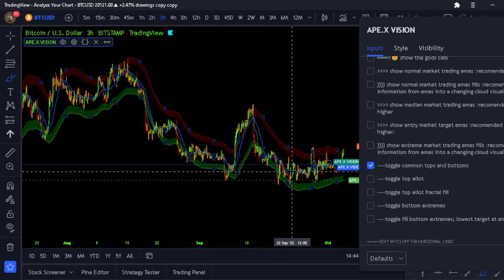And then the center of the market. Then the common top and common bottom would be the most common areas for a top to take place and a bottom to occur. So you would be buying more on the green line.